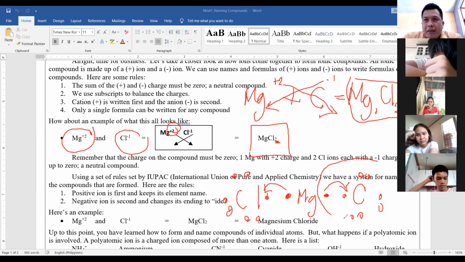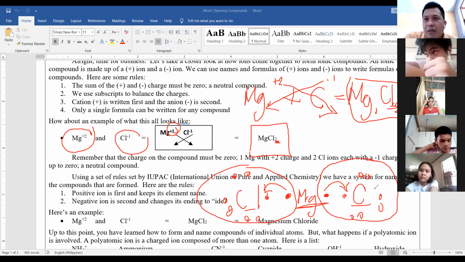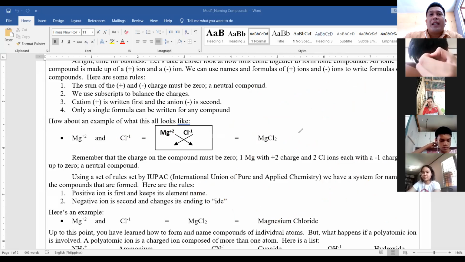Thus, chlorine will contain now 8 valence electrons, and so will magnesium. And this is what we call the ionic bond, or the transfer of electrons from metals to non-metals. And then again, this is where we get to see magnesium 1, chlorine 2 atoms of chlorine. Again, how did we get this one? We get it from the ionization of the elements, and then crisscross the ionization, and there you have the molecule given as such.